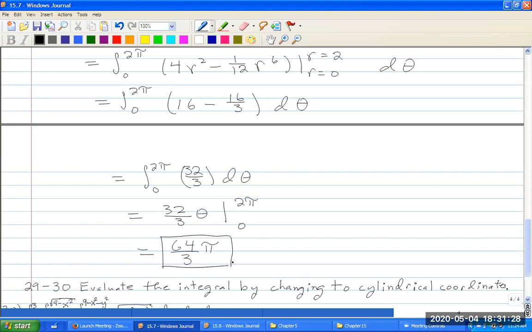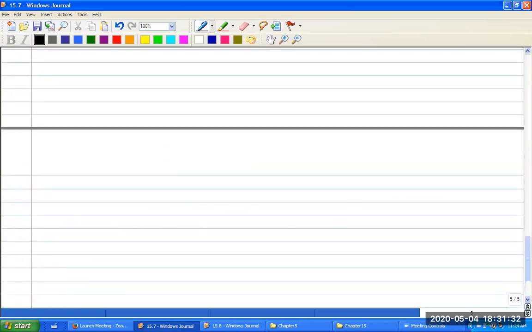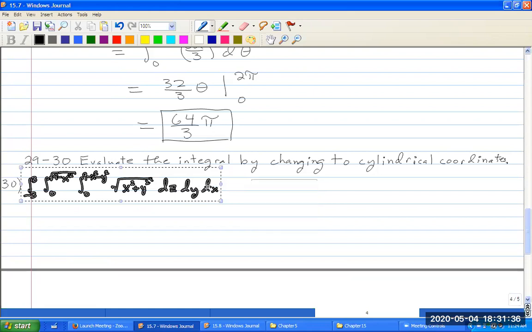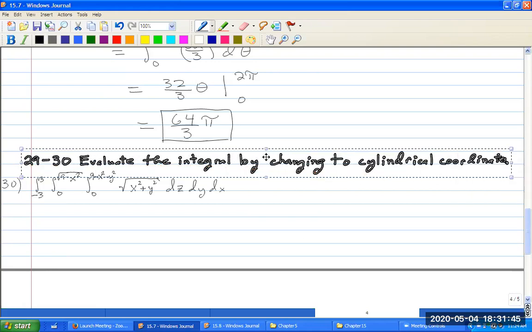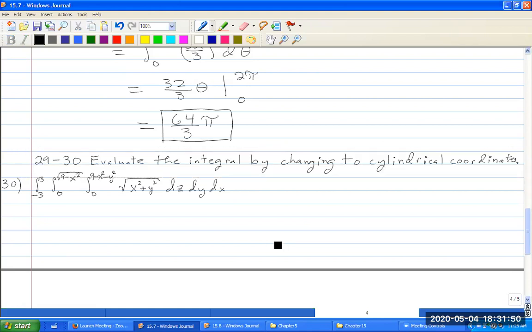Okay. Let me do problem number 30. In exercises 29 through 30, evaluate the integral by changing to cylindrical coordinates. Okay, so we start with rectangular coordinates, and now I want to change to cylindrical coordinates. Okay, so let's do this.